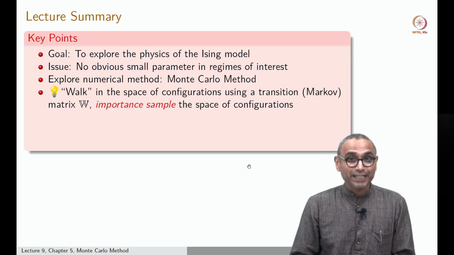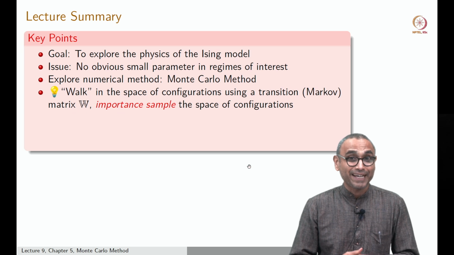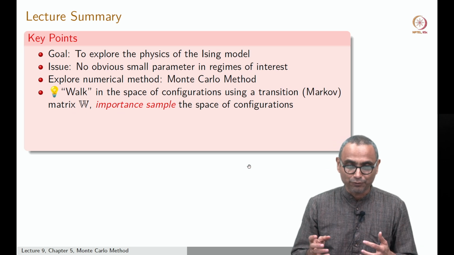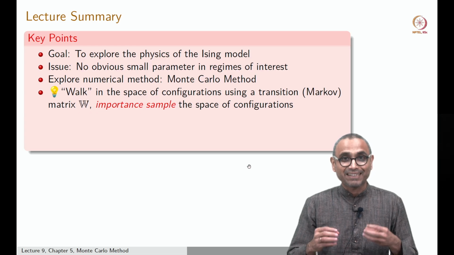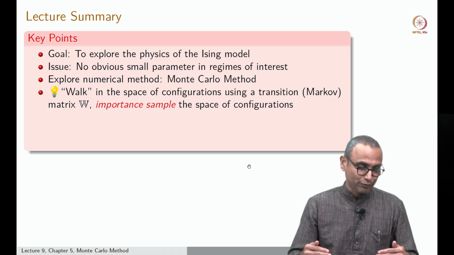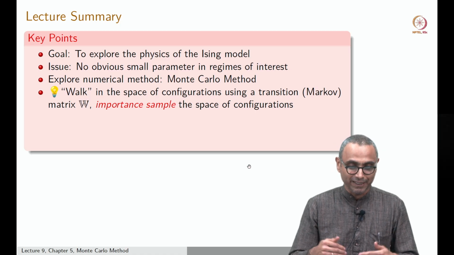So the idea of the Monte Carlo method, which is going to be the numerical workhorse, is to perform a walk in the space of configurations that will sample the most important configurations, namely those configurations which have the highest probability.